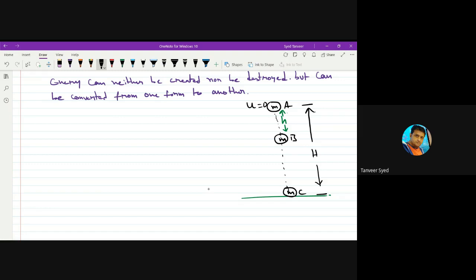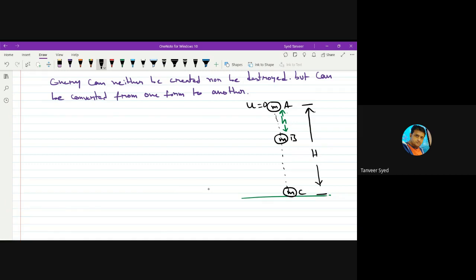Now, if I write the total energy of the body at points A, B, and C. What is total energy of a body? A body can have mechanical energy in two ways: one by kinetic, other by potential, gravitational potential.